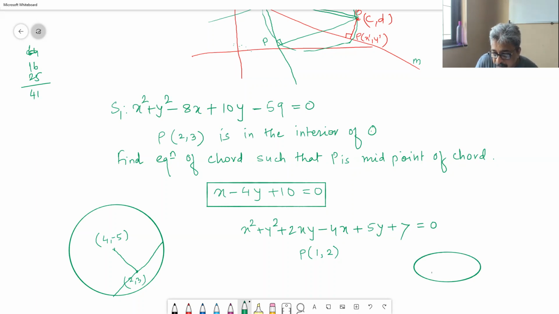Then either you draw a sketch correctly or do something so that we get the equation of this line. And I think it is going to be unique, because for every other chord that you draw, except if you are at the center, where you may get two like that, otherwise you will get only one.